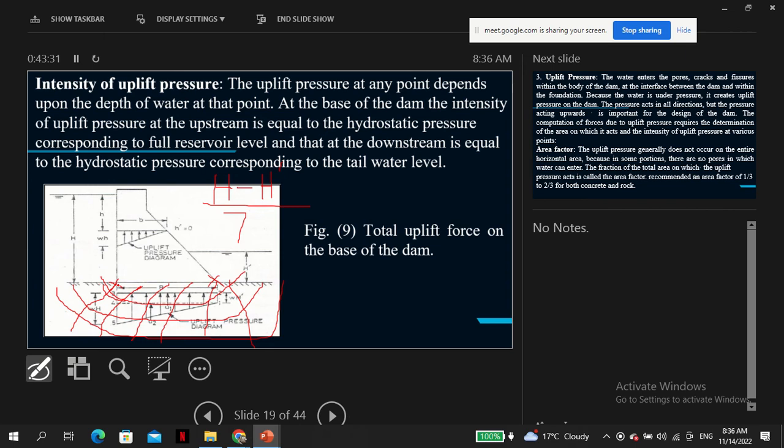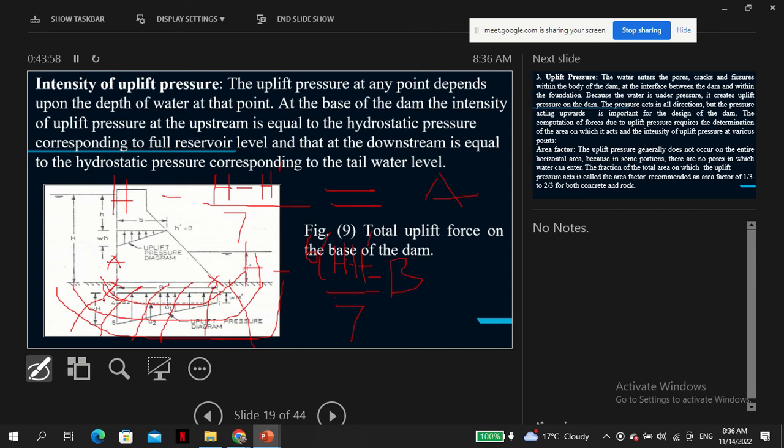So the head at point A would be h minus h minus h prime over 7. At point B, that would be h minus 6 times h minus h prime over 7. This is the head at point B.